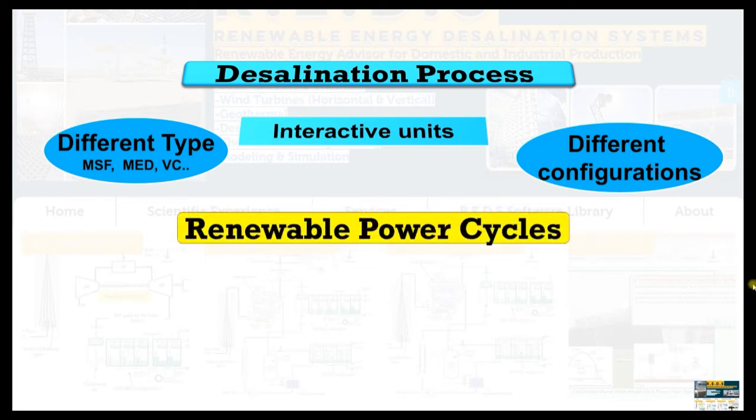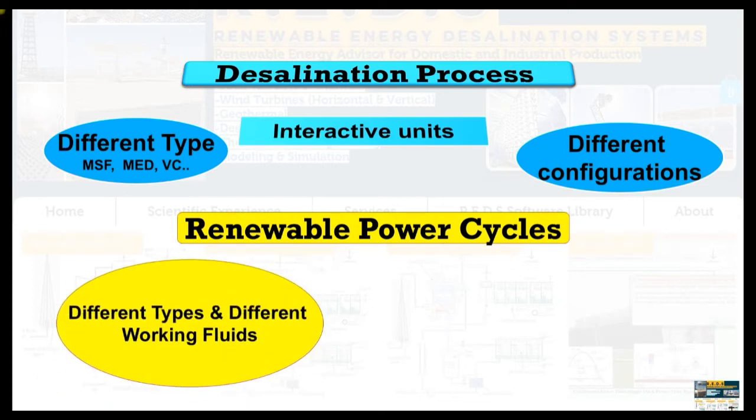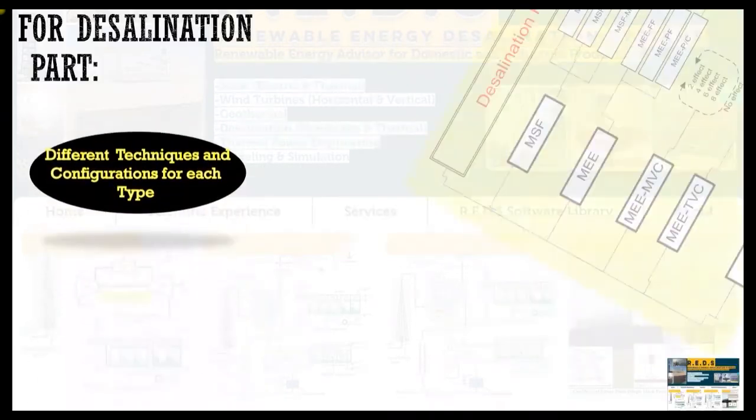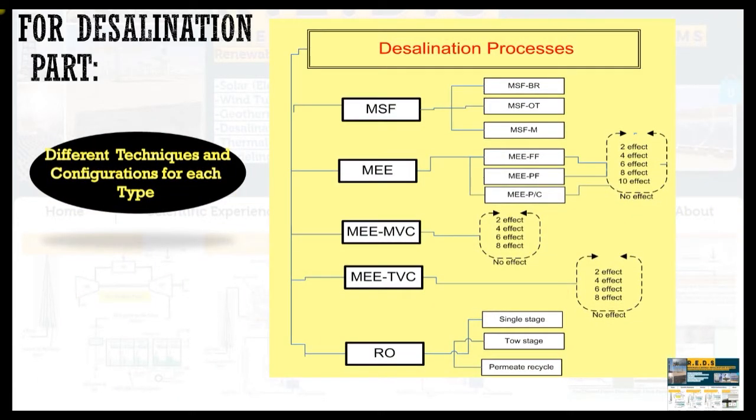We have the same problem for renewable power cycles: different types, different working fluids, different configurations, solar tower, parabolic trough, and many parameters. For the desalination part, we have different techniques and configurations for each type. For example, as you can see here, for multi-phase we have 3 types: brine recycle, once-through, brine mixing. For MED we have parallel feed, backward feed, forward feed with feed heaters.